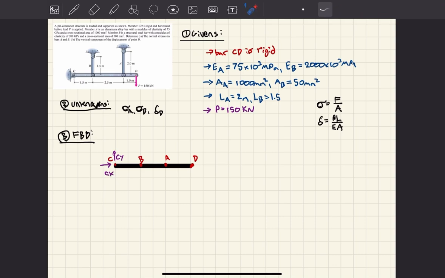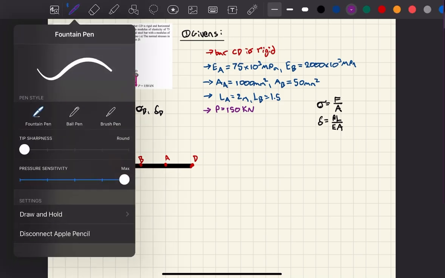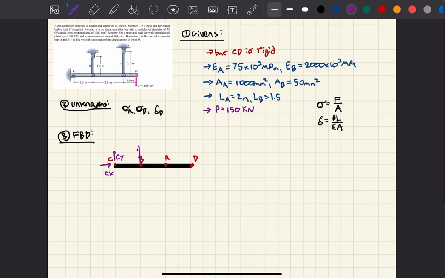I'm going to have forces acting upward, and now I'm doing a free body diagram of bar CD. So I'm going to have this force, we'll call it FB, and the force from bar A onto bar CD, I'll call it FA. And I also have the force P, which I know is 150 kilonewtons.